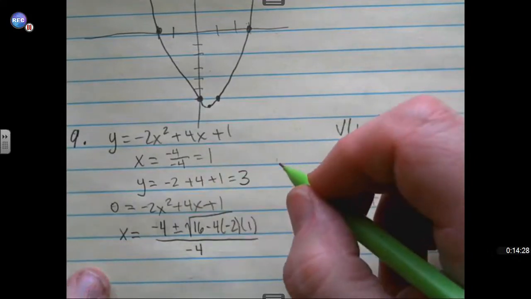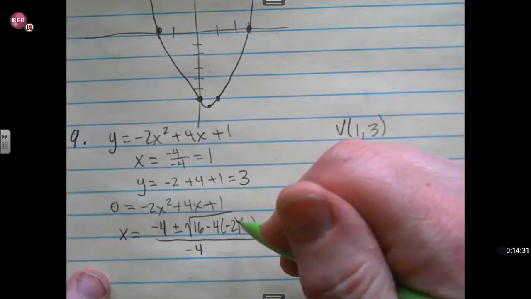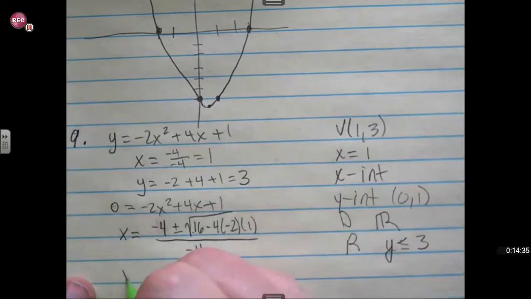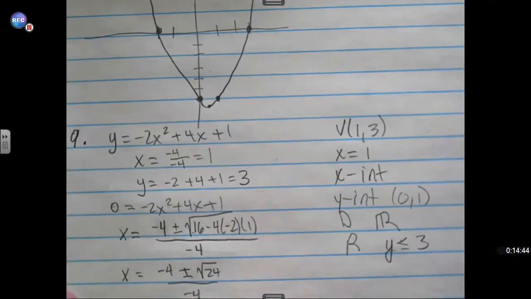And we get 16 plus 8 is 24. And the square root of 24 simplifies to 2 square root 6.